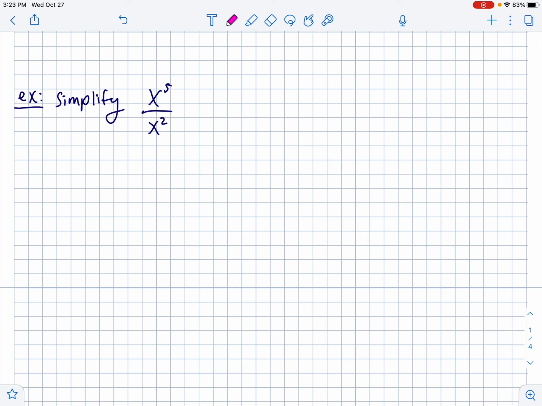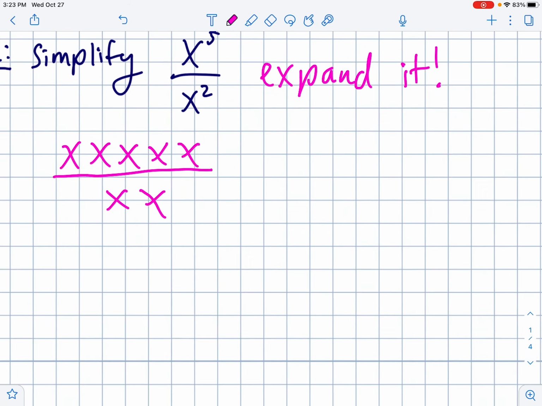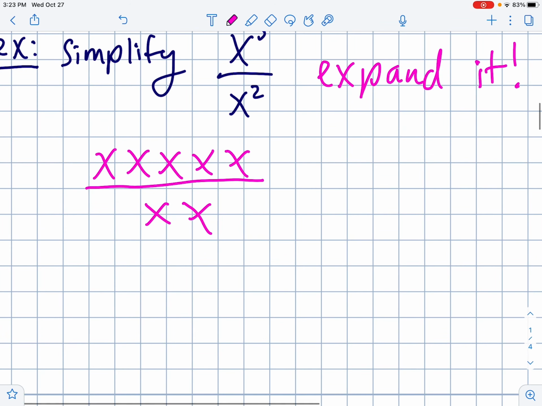Next up, we're going to do x to the 5th over x squared. So something's going to happen with the 5 and the 2, but if you're not sure, just expand it. So the top is 5 x's in a row, 1, 2, 3, 4, 5. And then the bottom is 2 x's. Now, anytime you have a fraction where there's something on the top and on the bottom, you can kind of cancel it out.